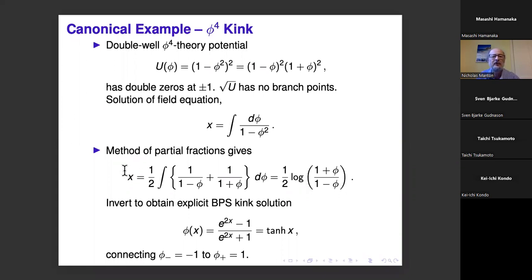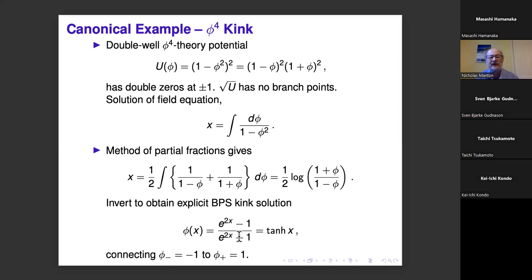So you multiply by 2, you exponentiate, you get e to the 2x, and then you resolve this factor 1 plus phi over 1 minus phi, and you extract phi. And phi of x is this rational thing involving e to the 2x. When you simplify this, it's tanh of x, the hyperbolic tangent function of x.